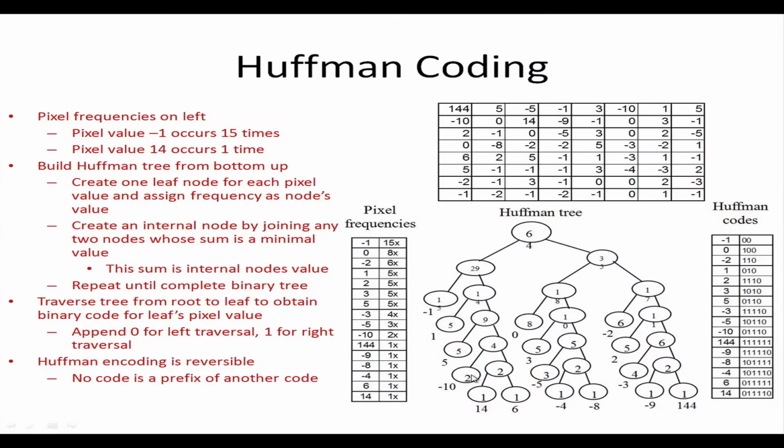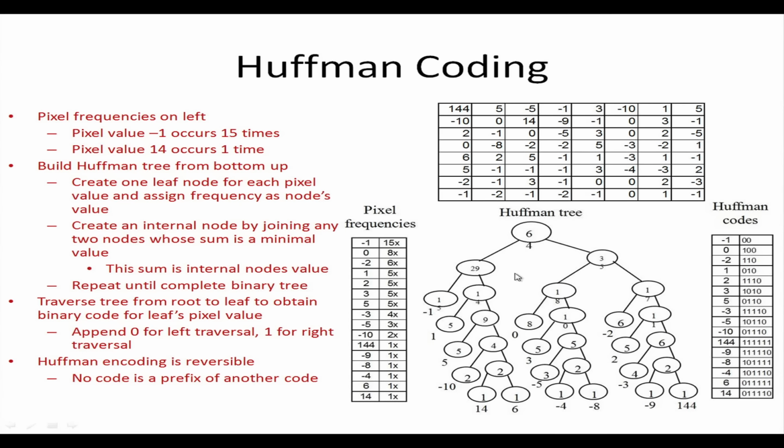So, 2 and 1 I did not combine, but 1 and 1 I combined, because 1 and 1 gives me 2, 2 and 1 would have given me an internal node of 3. Now, here I have got 2, 2, 5. I did not combine 2 and 5, I combined 2 and 2. I do 4. In that way, I go on traversing, go on combining until I get a complete binary tree.